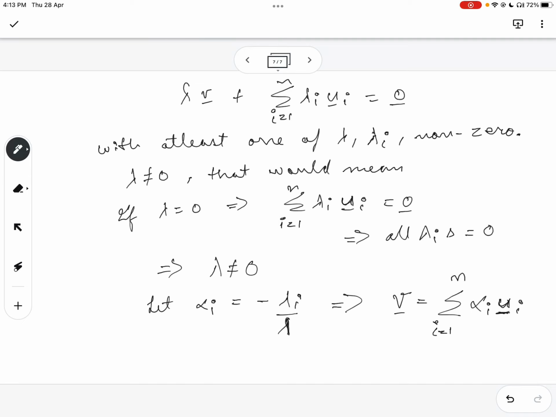And it can be shown, I'll leave it for you to prove, that the coefficients are unique for every vector v.